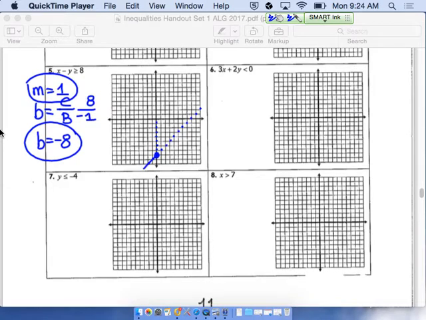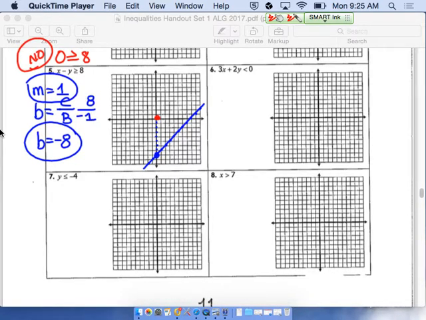So now I'm going to make my boundary line solid, which means that points on this line could be solutions. And now it's time to test my point. So here's my origin, 0, 0. If I let both x and y become 0, then this is what I have to compare. Is 0 greater than or equal to 8? That's a false statement.